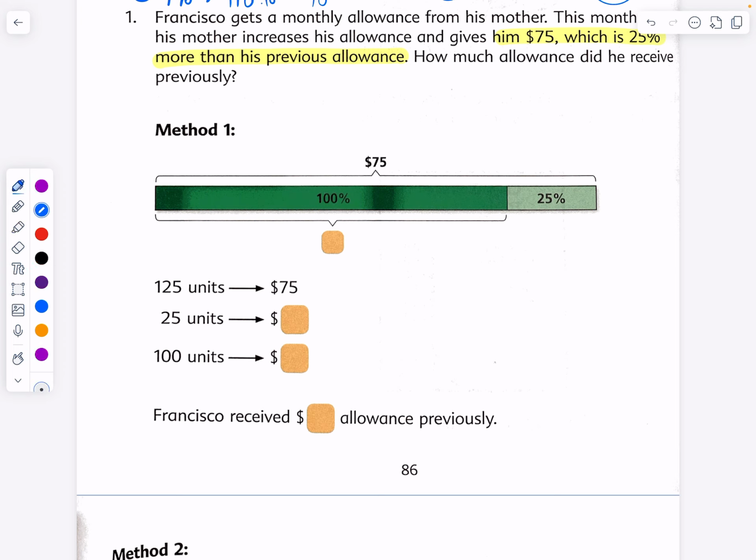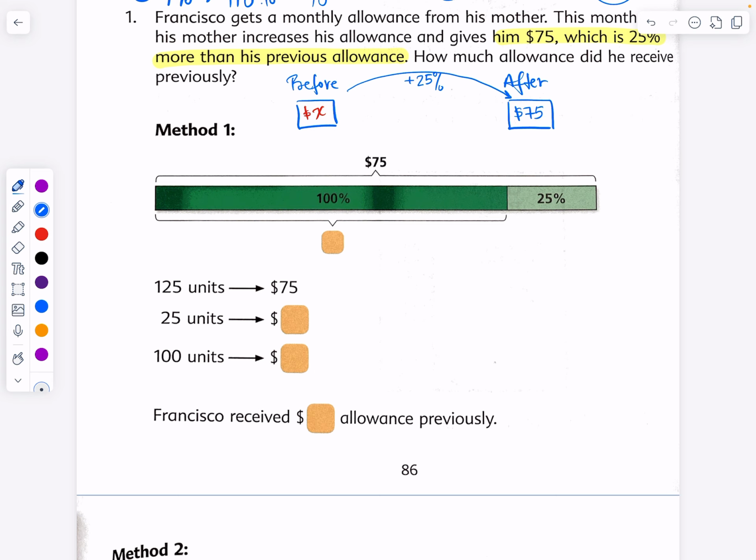My friends, again, we have a before and after pattern. Sometime earlier, Francisco was getting allowance. Let's label it X dollars. We don't know how much it is, but we do know after his mom gave him a 25% raise, he now receives $75 from her.